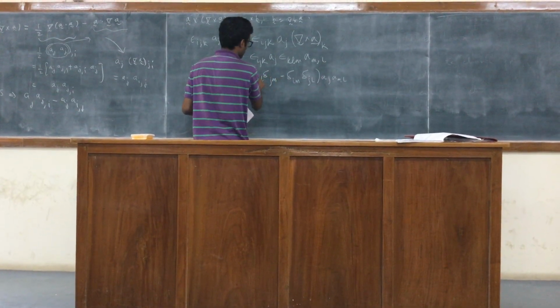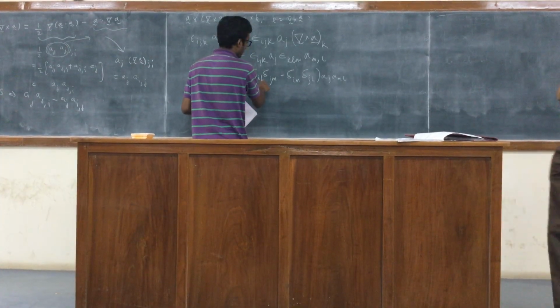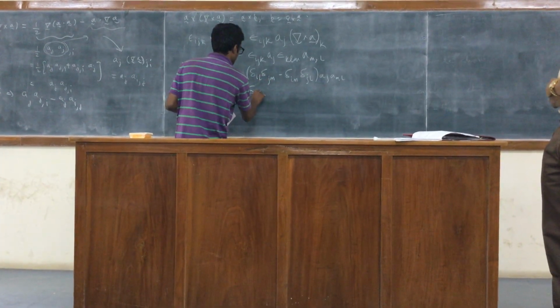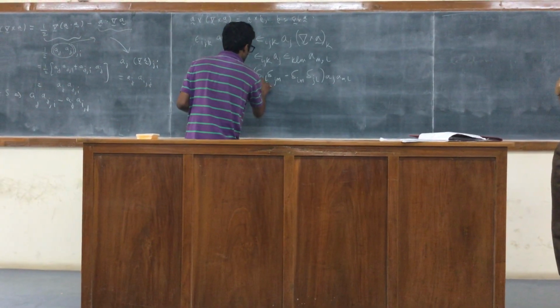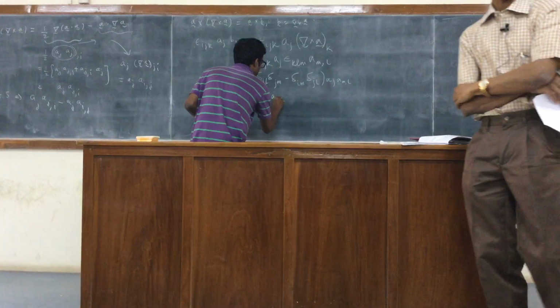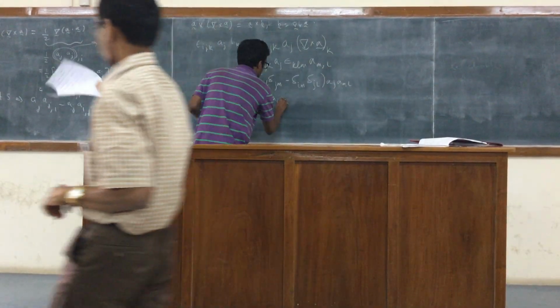Delta il, delta jm; i equals m, l; j equals m. Yes. So it would be a_j, comma i, the first term, which is what we have.